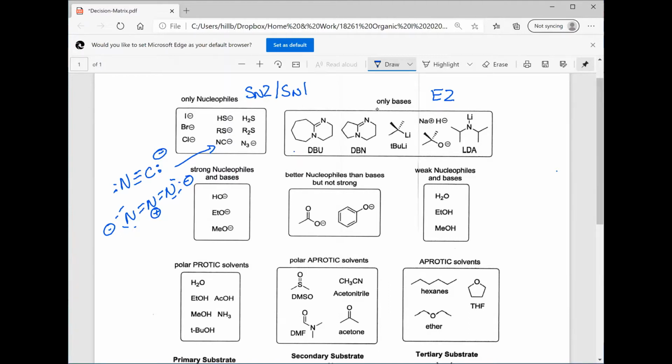These are relatively strong bases. They're oxygen-based bases. But practically, when we use them, they're often used in the solvent, the corresponding conjugate acid. And so these are mainly going to follow E2 type situations. Where things that are better nucleophiles and bases, these will be involved in substitution reactions.